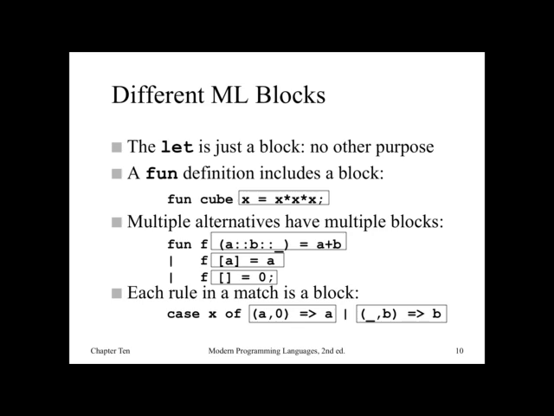And then even with pattern matching, where I have a function f with the pattern a plus b, each one of those is a separate block, okay? So I could say, on this first one, a and b, and then a plus b, and then over here I could just say b equals b.